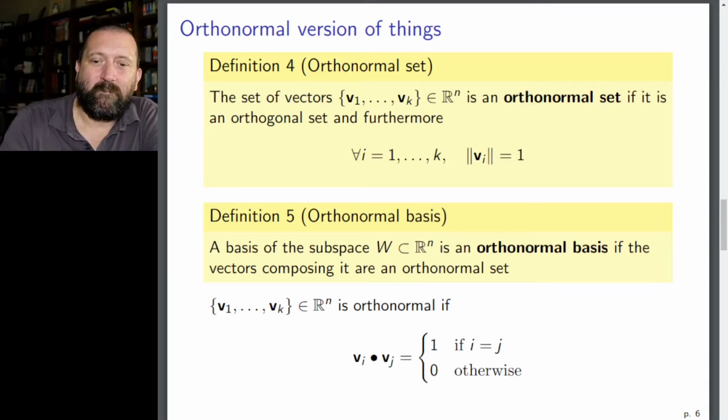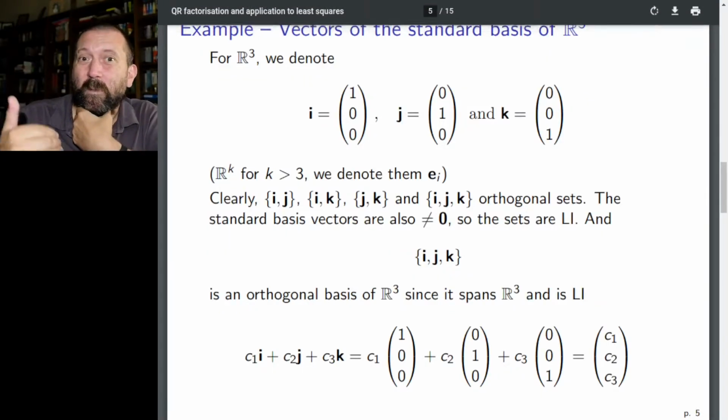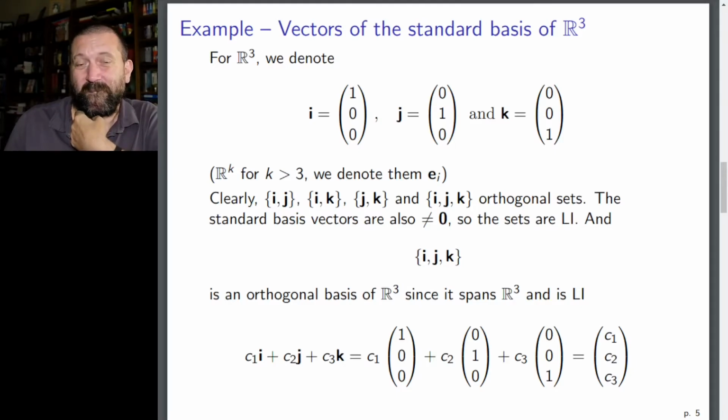So in the previous case, this is an orthonormal basis of R3, because all of these vectors have norm 1, they're orthogonal, and they span the entire space.